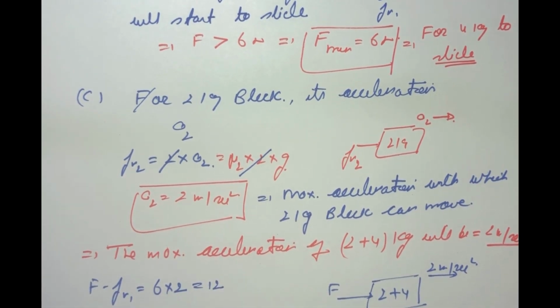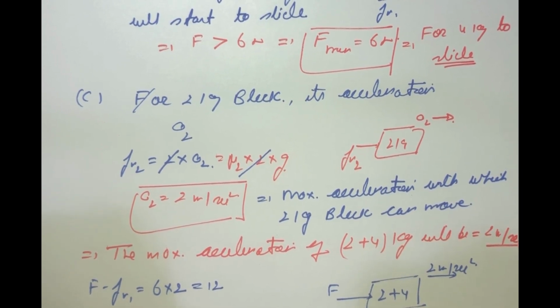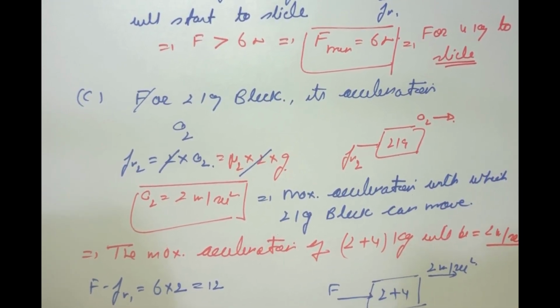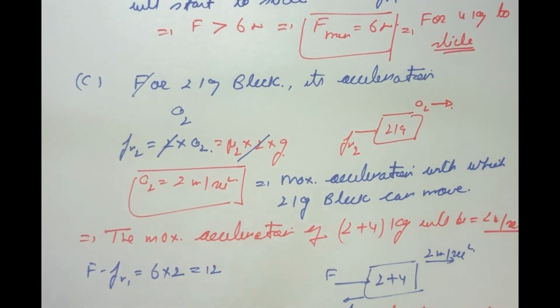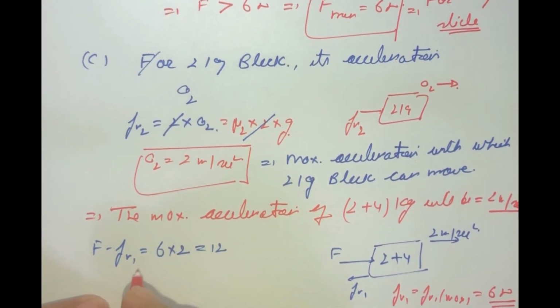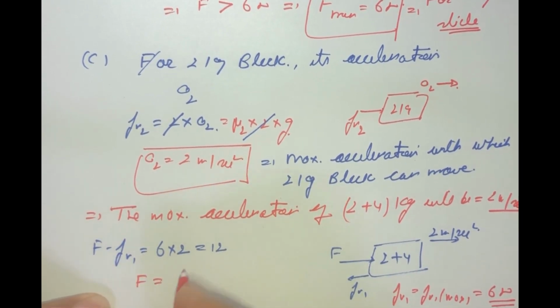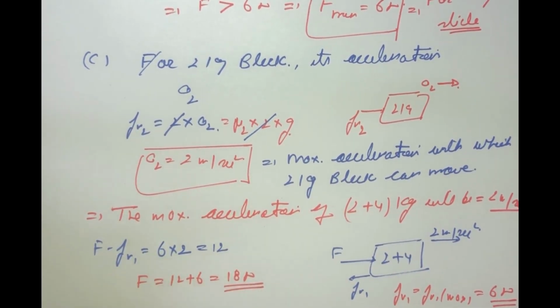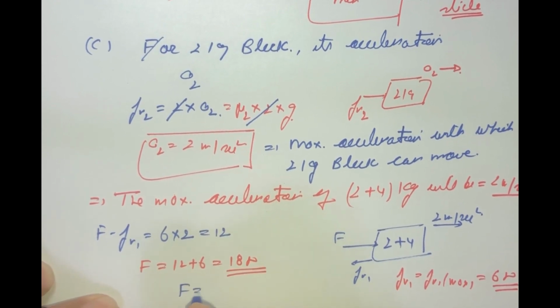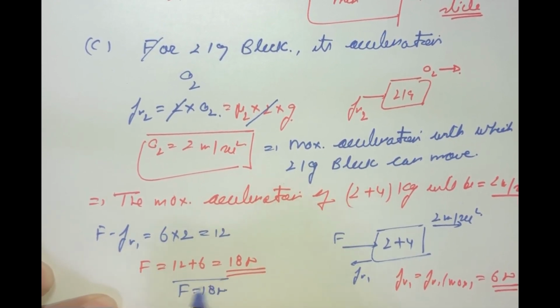We know the value of Fr1 maximum is 6 Newton. As it is sliding, Fr1 will be Fr1 max, which is equal to 6 Newton. So the applied force F will be equal to 12 plus 6, which is equal to 18 Newton. So F is equal to 18 Newton.